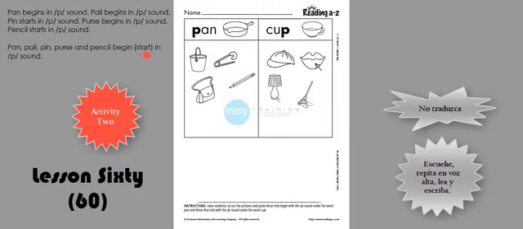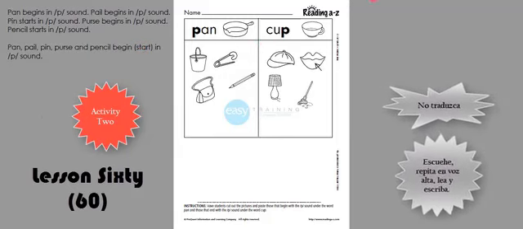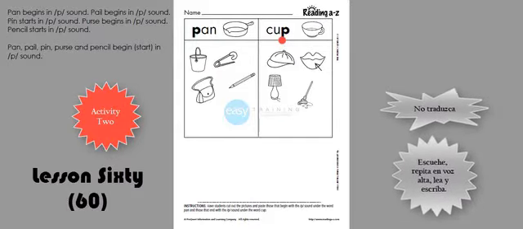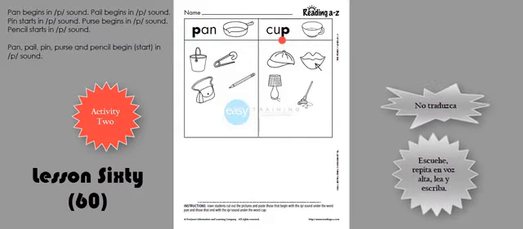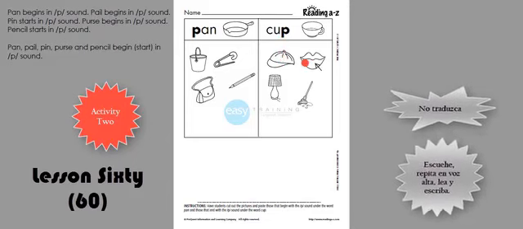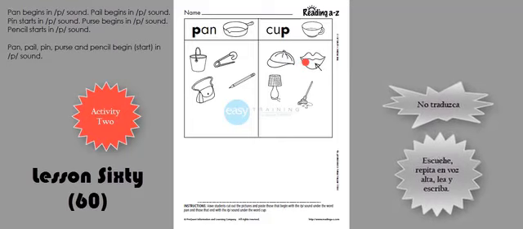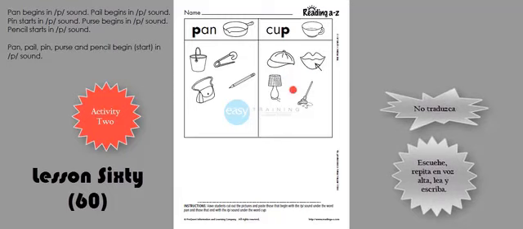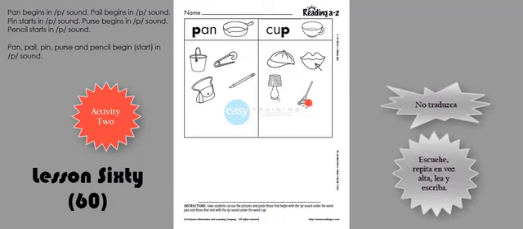Ahora pasemos al otro grupo de palabras. Cup ends in P sound. Cap ends in P sound. Lip ends in P sound. Lamp finishes in P sound. And mop finishes in P sound.